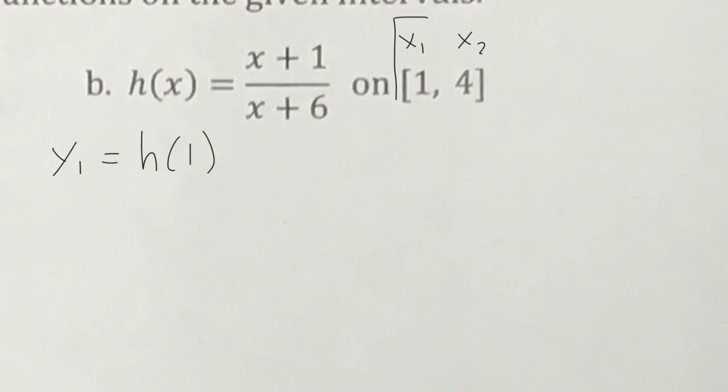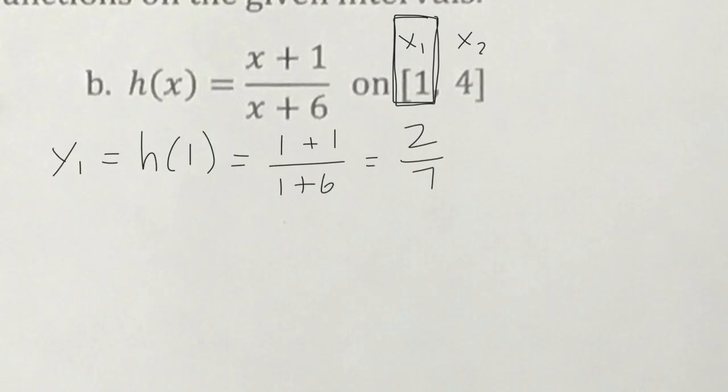Right? So if we're using y1, that means we are plugging in the x1 value. So that's 1 plus 1 over 1 plus 6, which is 2 over 7. Okay, for y2, we are plugging in +4 because that's our x2 value.